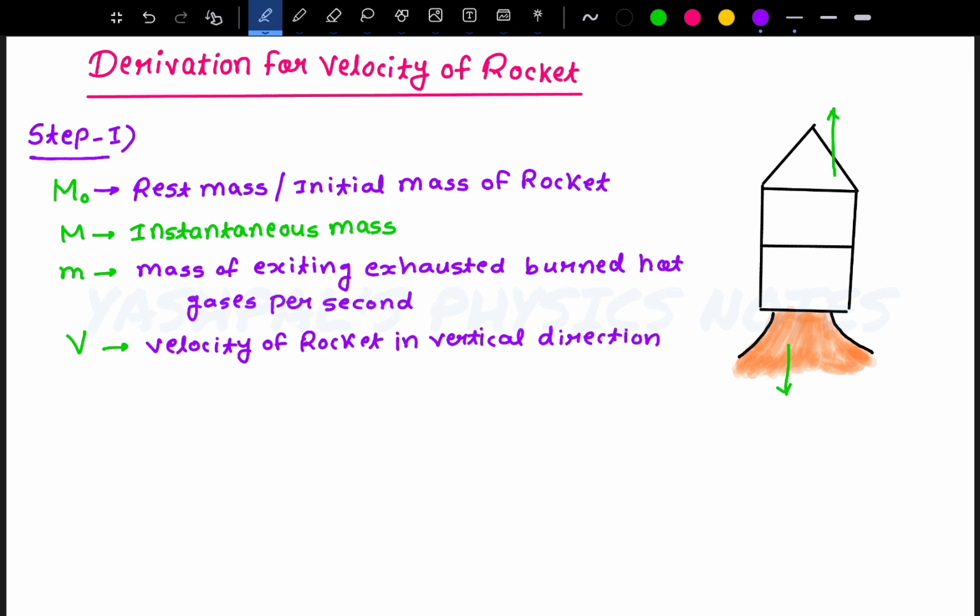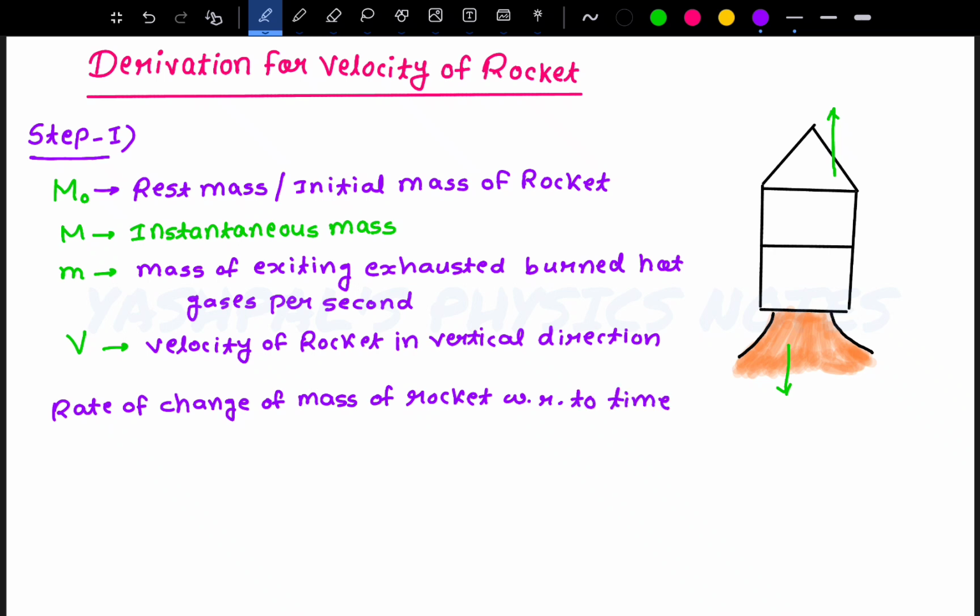Now in the next step we can write the rate of change of mass of rocket with respect to time.